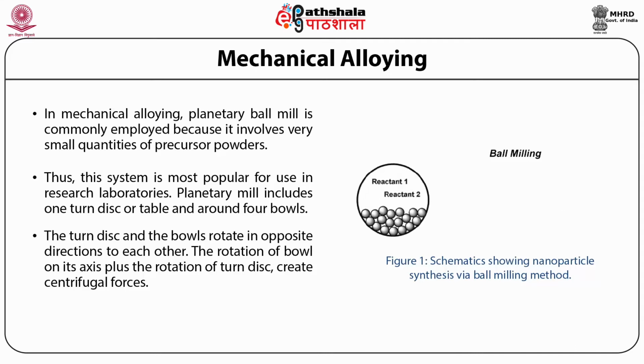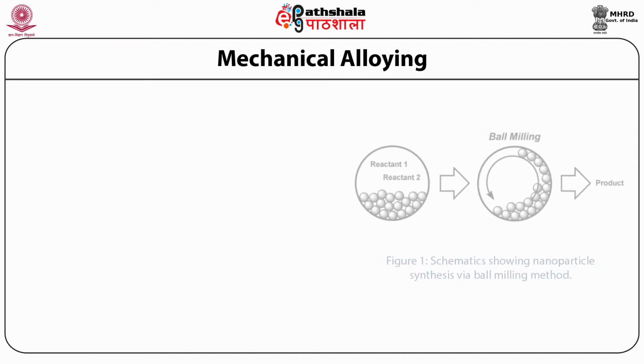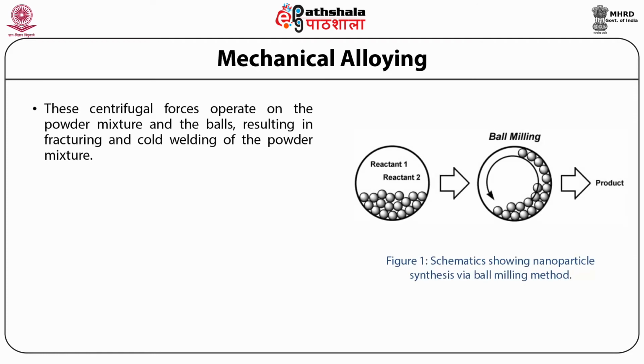The rotation of the ball on its axis plus the rotation of the turn disc create centrifugal forces. These centrifugal forces operate on the powder mixture and the balls, resulting in fracturing and cold welding of the powder mixture.